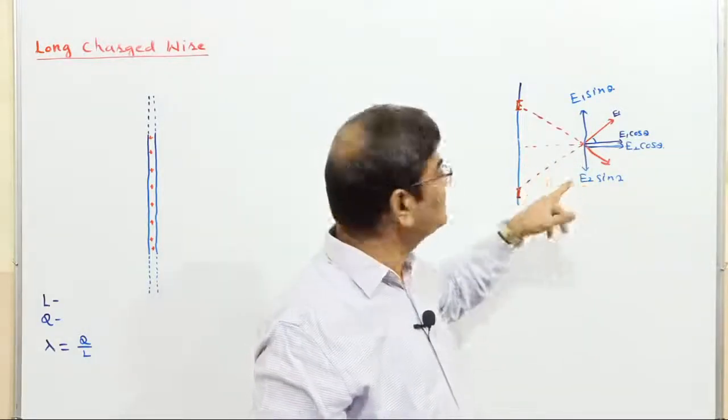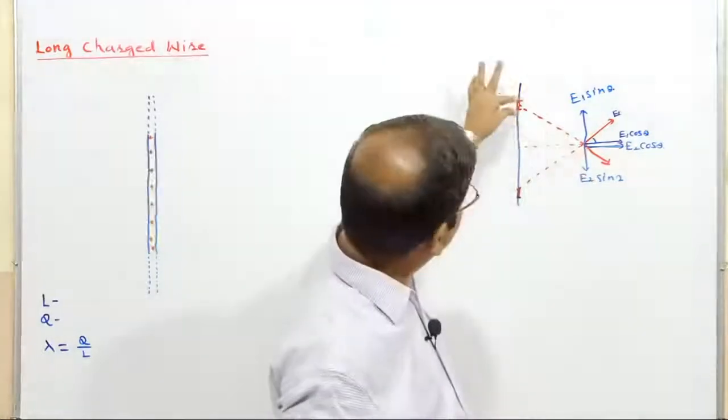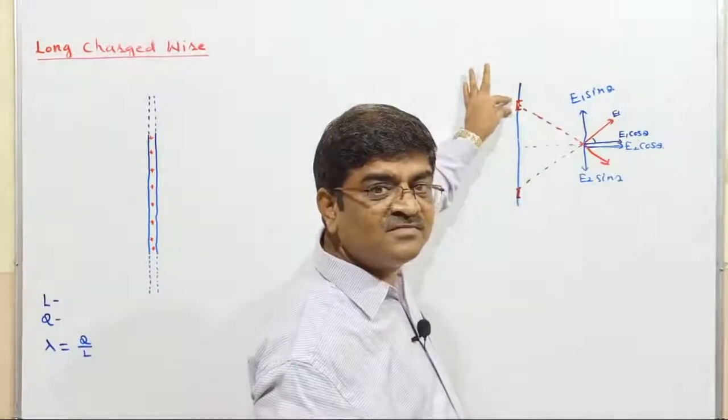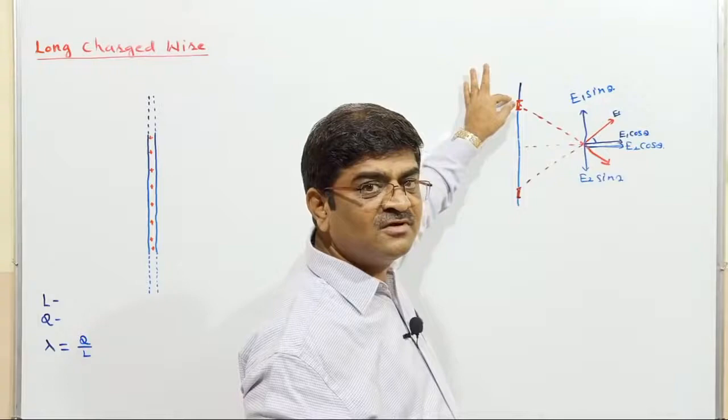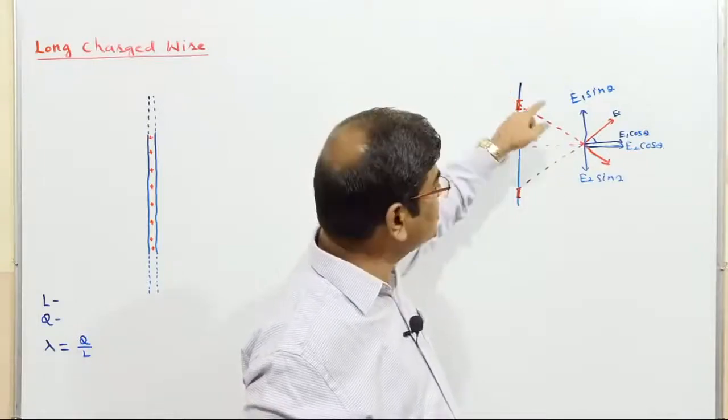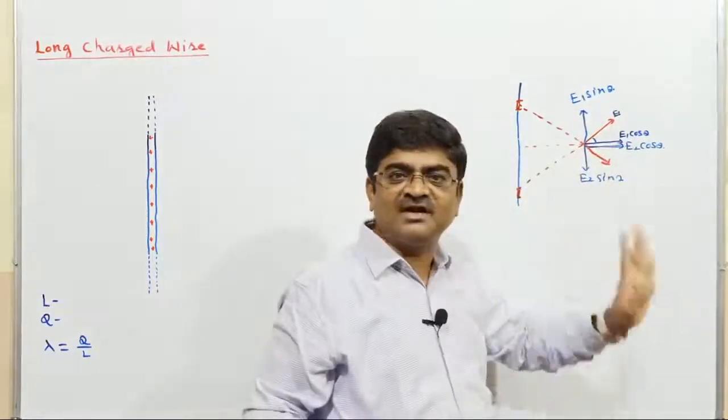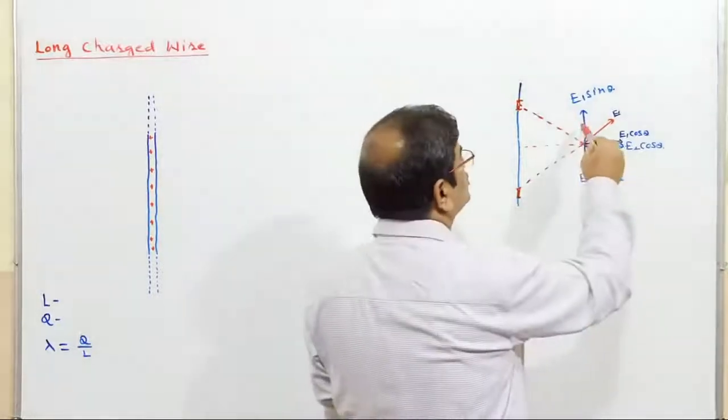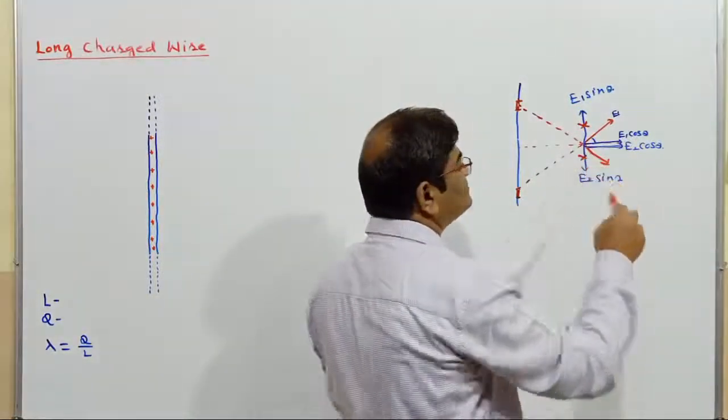How can I claim that? This distance is same, length of elementary portion is same, charge is same. If the distance and the charge are same, E1 and E2 will be same in magnitude. So these two components will cancel.